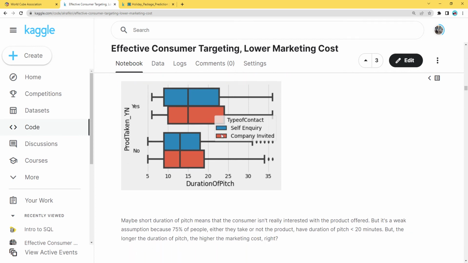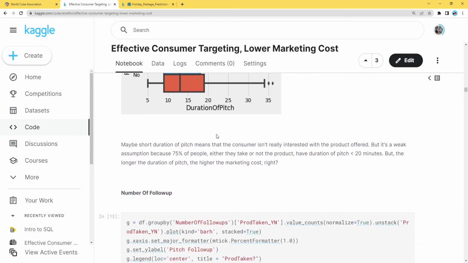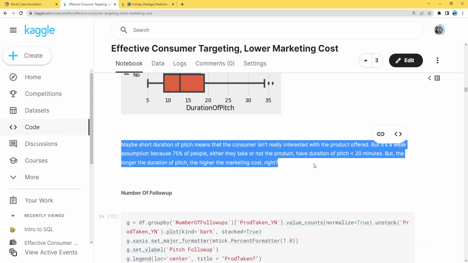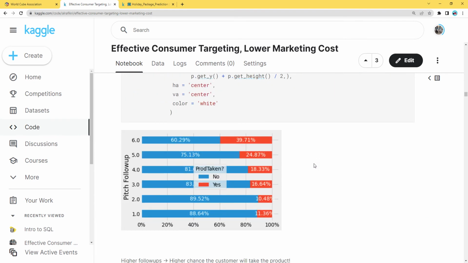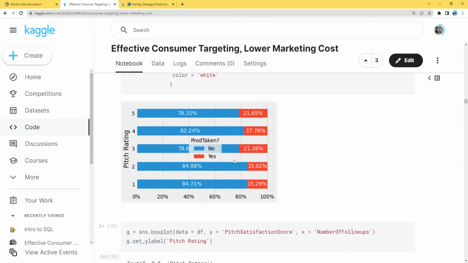But when people take the product, the income interquartile range is larger, so we can make a weak assumption, though it's really weak. And this is the pitch follow-up: the higher the follow-up, the more likely the customer is to take the product. Okay, satisfaction.